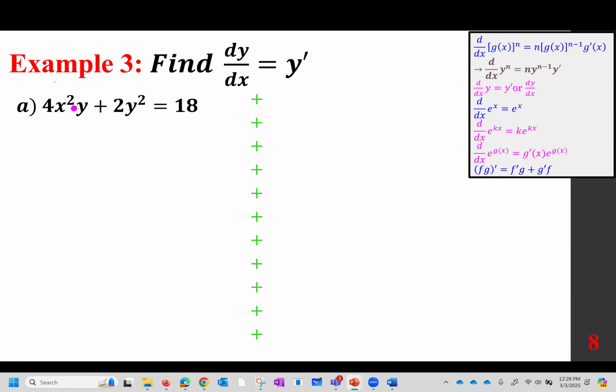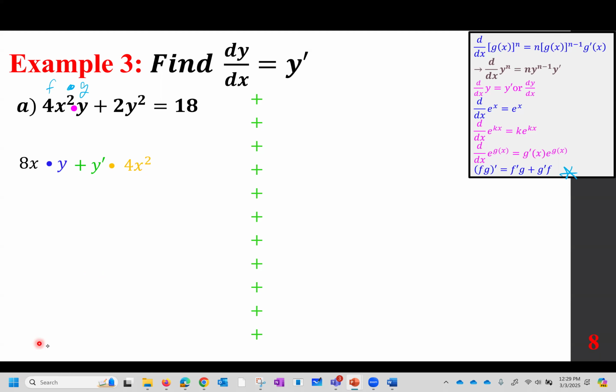We put a raised dot in between, and we call this f times g, and we use the product rule, f prime g plus g prime f, which means f prime is 8x times g, which is y, plus g prime, which is y prime or dy/dx, times f, which is 4x squared.